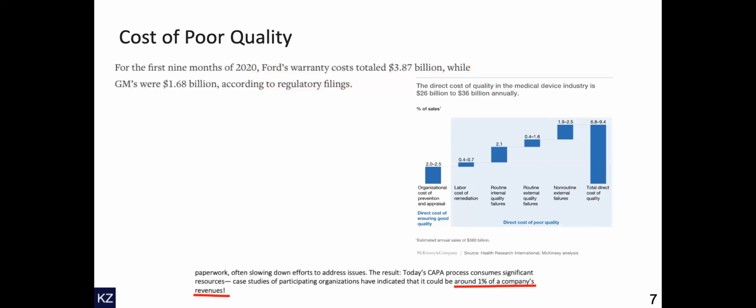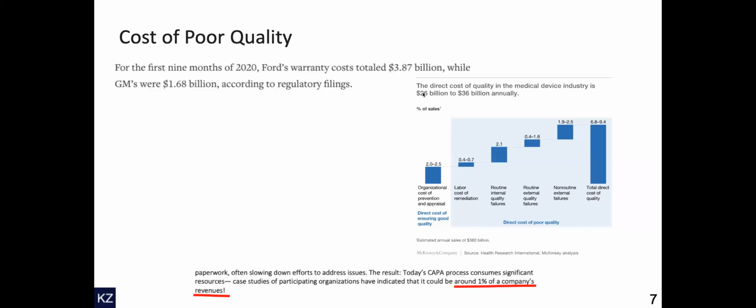In many industries, the industries that we work in, the cost of poor quality is substantial, so substantial that in financial statements in the automotive industry, it is not uncommon to see warranty costs as a line item. And warranty costs are a very good indicator of the cost of poor quality. But not only that, in other industries there is significant effort involved and significant costs of poor quality.